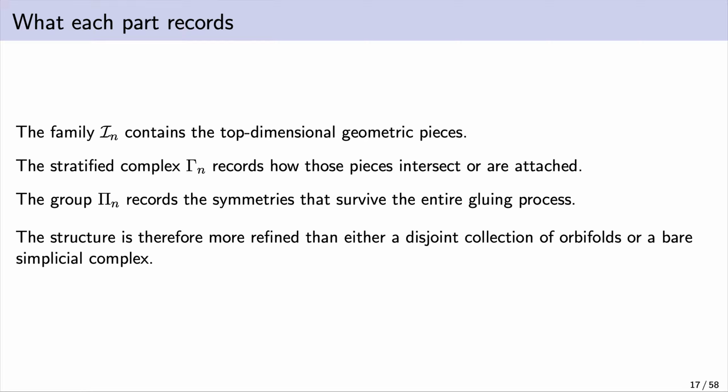And we're going to attach those along lower dimensional strata. The group pi n records the symmetries that survive the entire gluing process. So if we can somehow build this seed in a way such that it has this global symmetry group, then that is considered good.